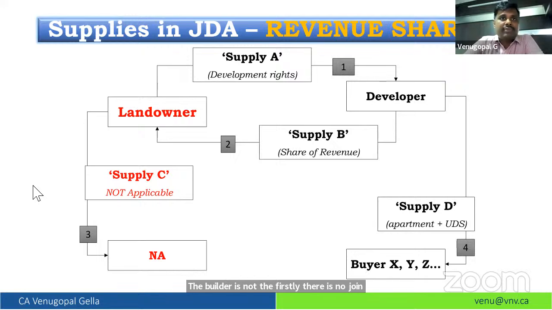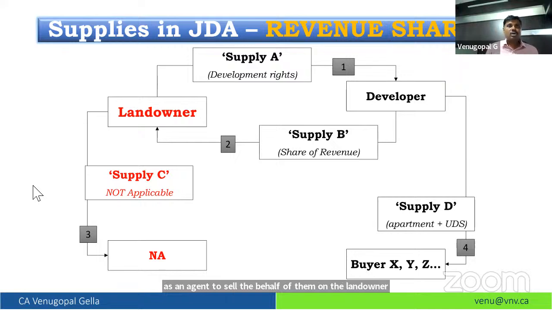Though the substance is a joint development agreement, the form is not, so the taxation will not be as a joint development agreement. The taxation will be like works contract services, where the builder is providing works contract services, but is acting as an agent to sell the units on behalf of the landowner.